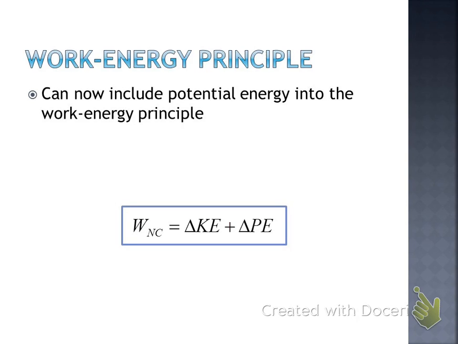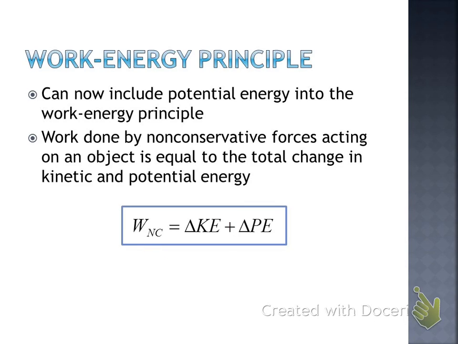So now we're going to be able to include potential energy into our work energy principle. Okay, the original work energy principle that we looked at told us that work was equal to change in kinetic energy. Okay, now we're taking it a step further and we're talking about non-conservative forces. Work done by non-conservative forces is equal to the change in potential energy plus the change in kinetic energy.